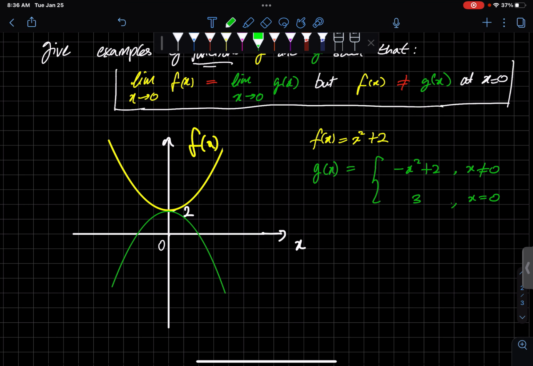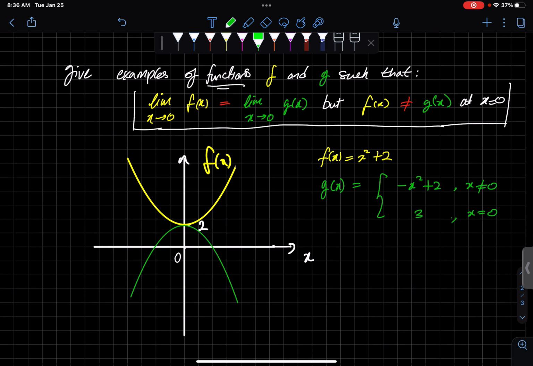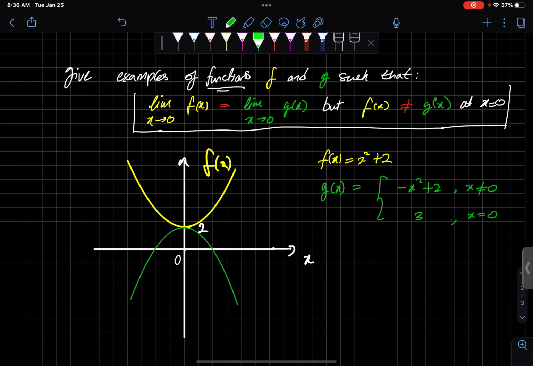So this function would change to have an empty circle here, so it's not defined there, and then a point here at 3.